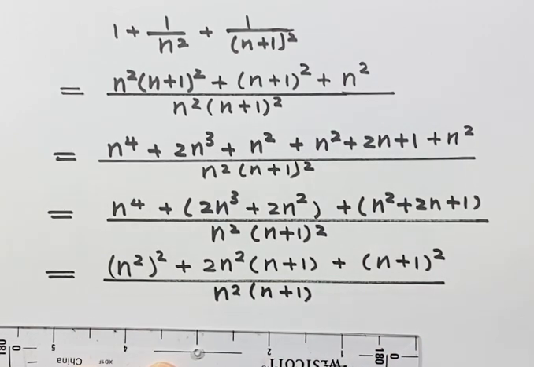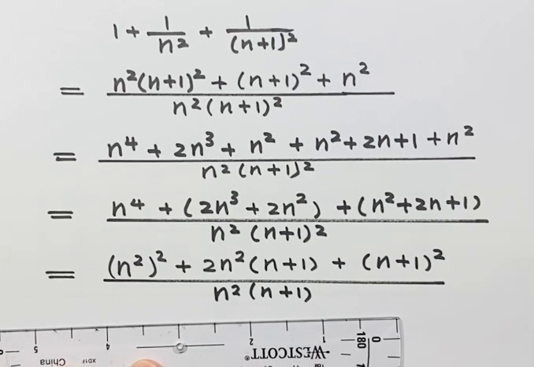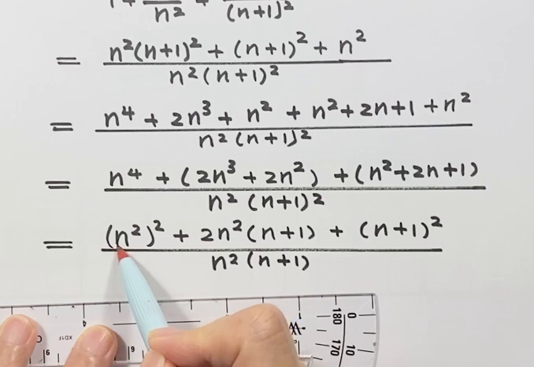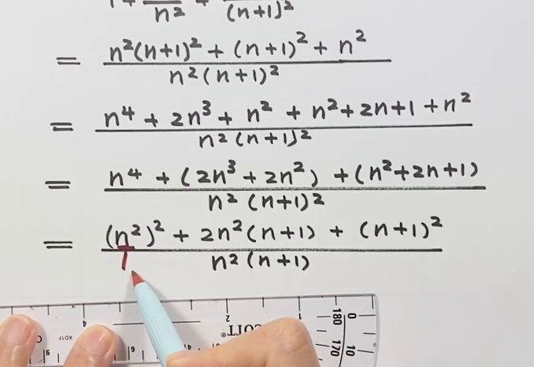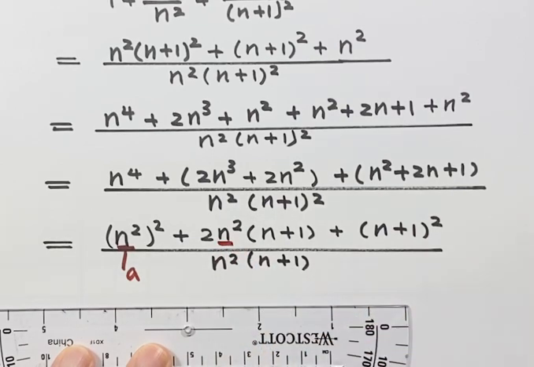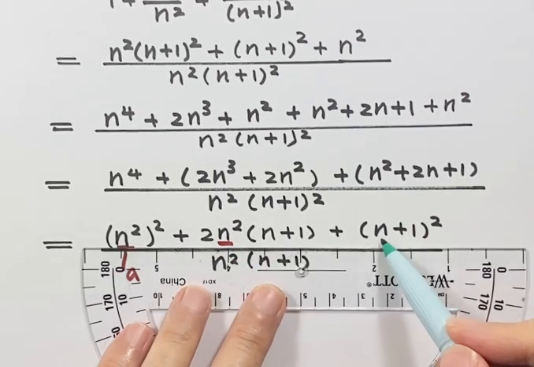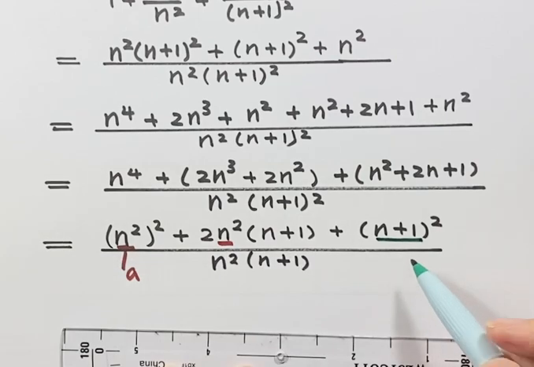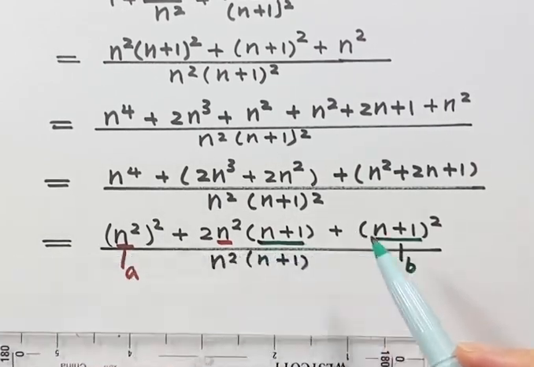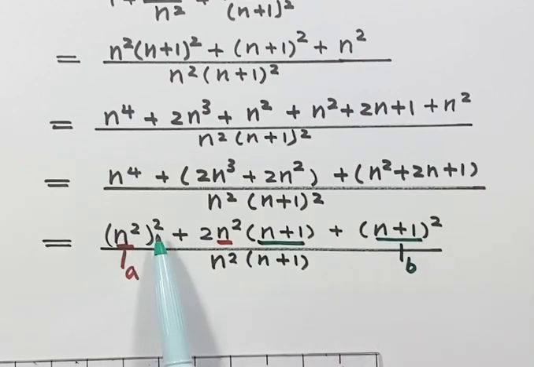So then you can tell actually the numerator is a complete square. So let's see. If we take n squared as a, and n plus 1 as b, you see here is a squared plus 2ab plus b squared.